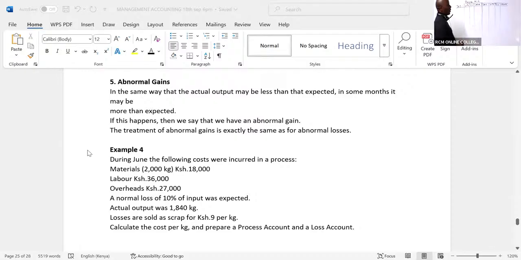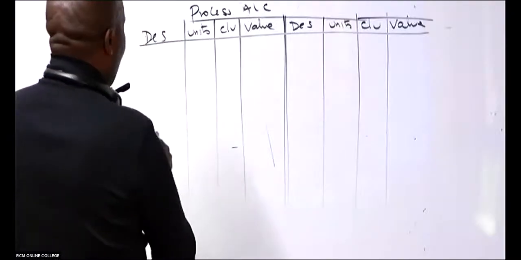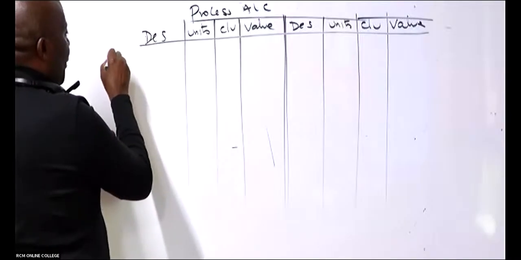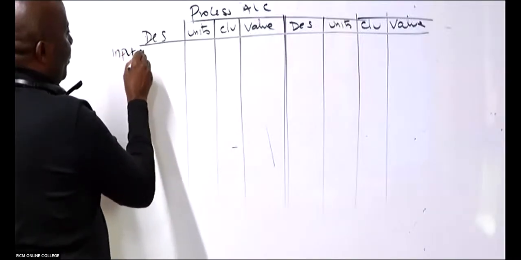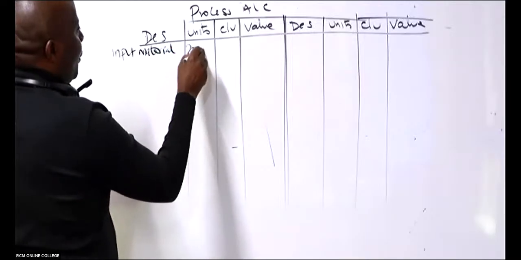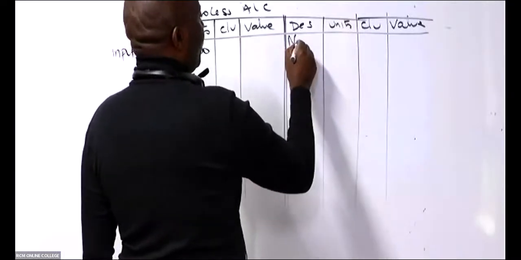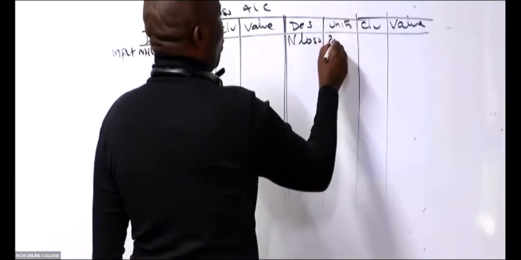All right. Now, ladies and gentlemen, after that, we should be able to post our throughput. Start always with the throughput. For example, you had input material cost $2,000. We had normal loss 200.